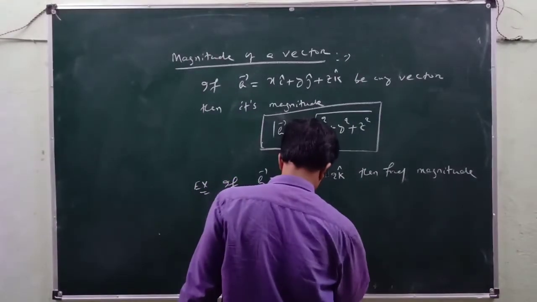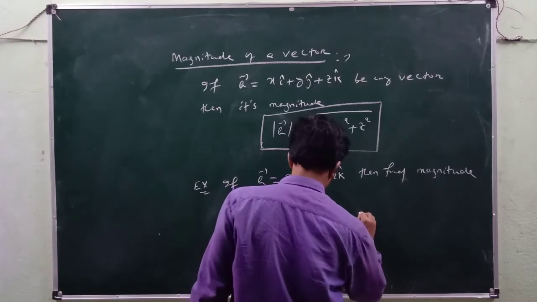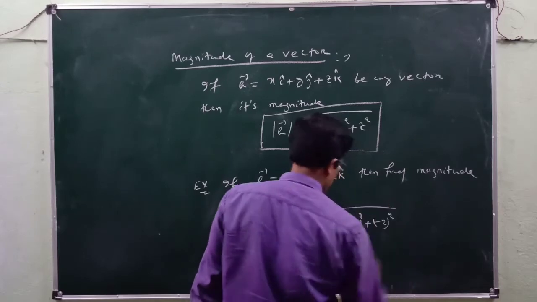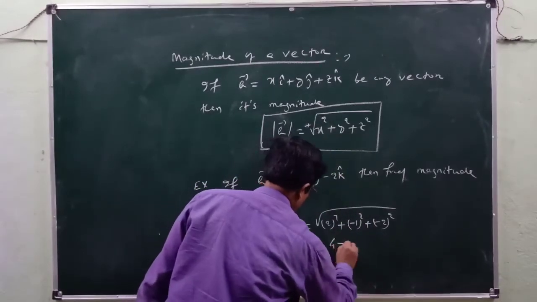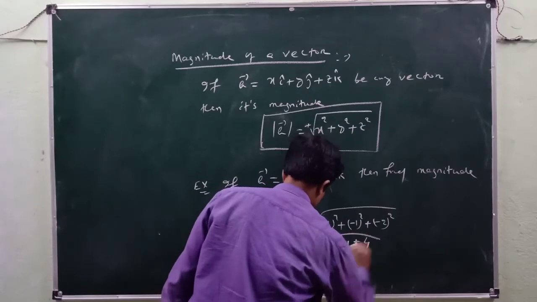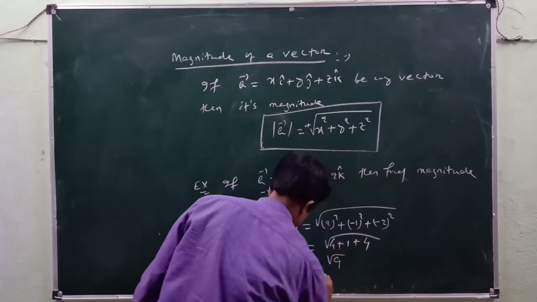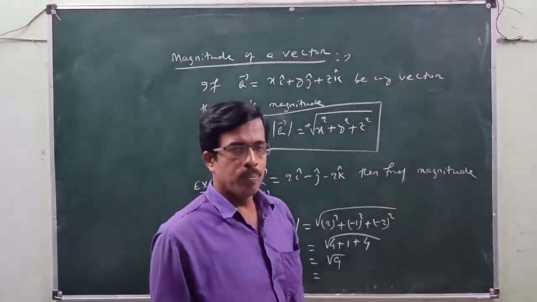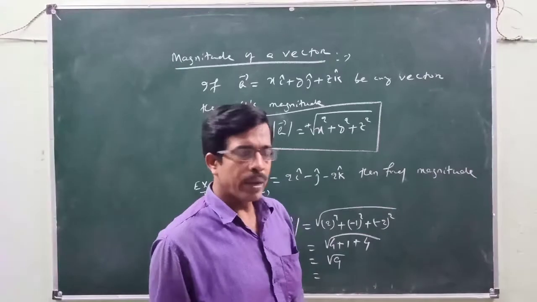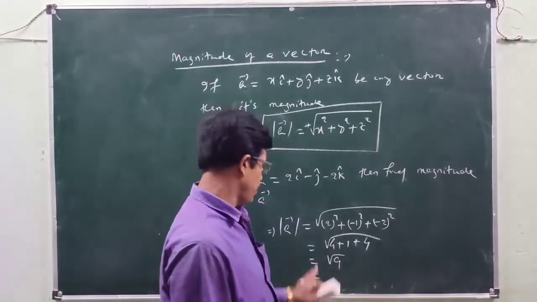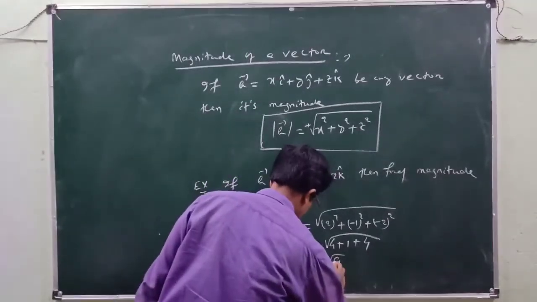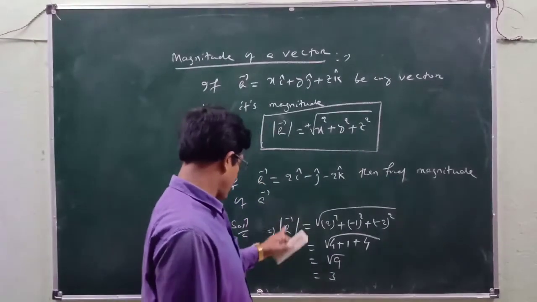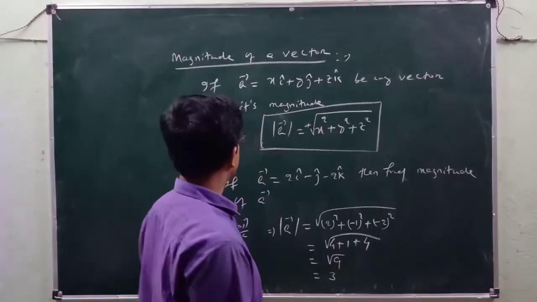So write 2 square plus minus 1 whole square plus minus 2 whole square, square root of it. Here it will be 4 plus 1 plus 4 square root, that will be square root of 9. You know the square root of 9 is either plus 3 or minus 3, so you take only the positive quantity. So in place of square root of 9 you write only 3. Hence the magnitude of the vector will be 3.